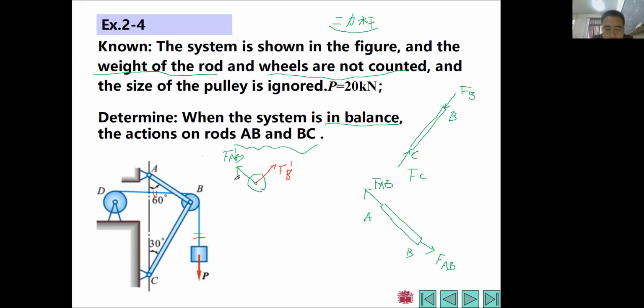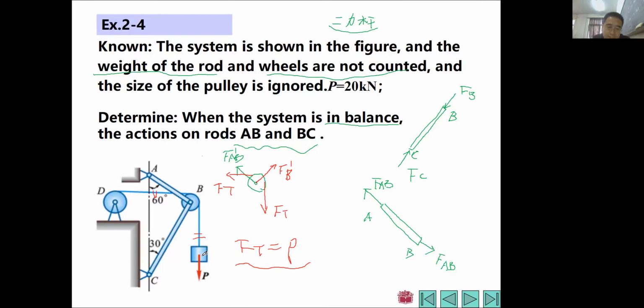FT here means tension force. So actually this FT is equal to P. Do you guys know why? Why does FT always equal P?